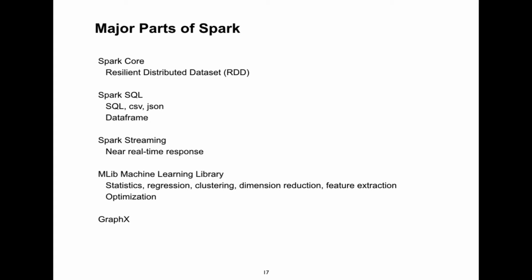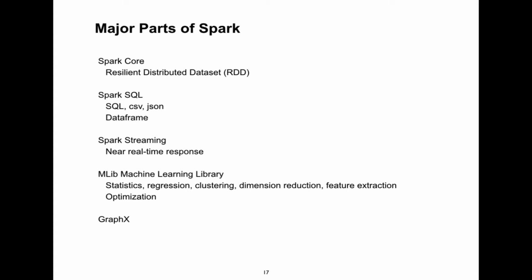More recently, they've added Spark SQL. It allows you to do a bit more. In particular, if you really want to, you can use SQL statements to drive Spark. And they've got DataFrames.